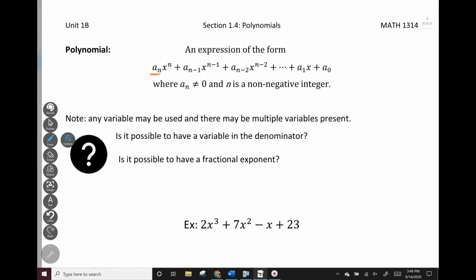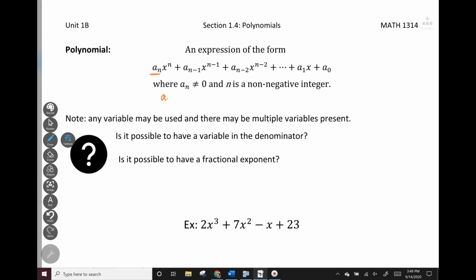This would be your first term, plus some other term that has a coefficient a sub n minus 1, x to the n minus 1, and so on. Because this looks a little abstract, let's pick a number for n, like 3.